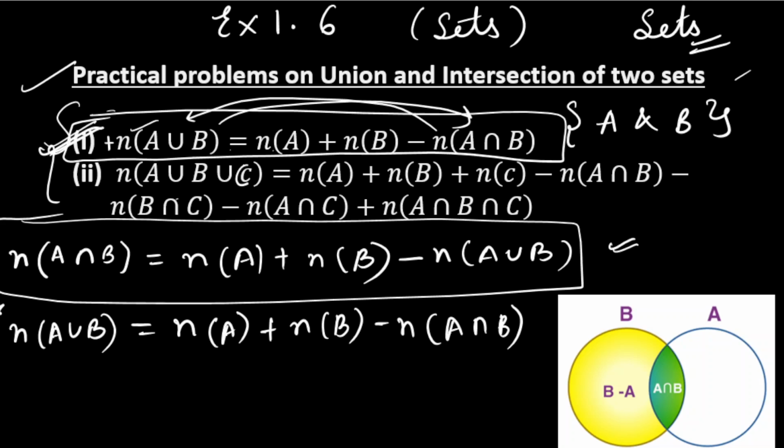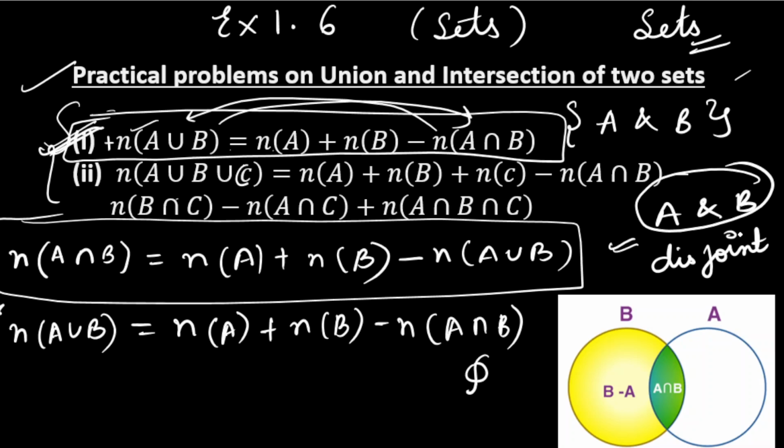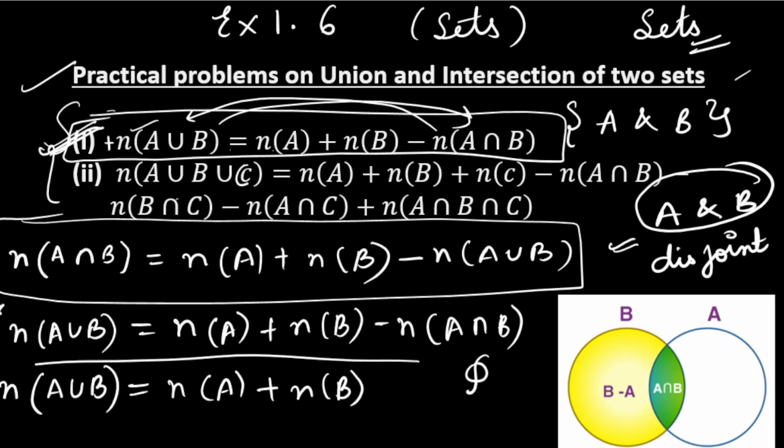If in any case two sets A and B are disjoint, that means A intersection B will be an empty set. So in that case, number of elements of A union B equals number of elements of A plus number of elements of B. This direct result you can also remember. This is the case when A and B are disjoint.